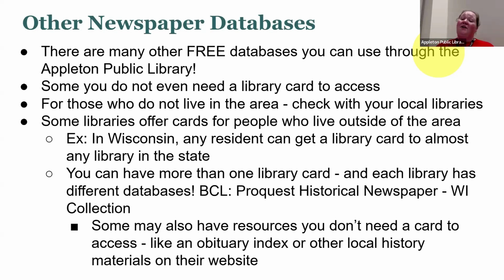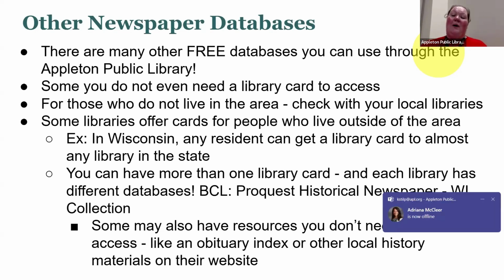They might have an obituary index or other local history resources right on their website that you can just search for free. Like if I pull up the Peoria Public Library in Illinois, where my ancestors lived, I can see a bunch of local history resources without even leaving my house or having to travel there and without having a library card there. So again, remember to explore those websites.